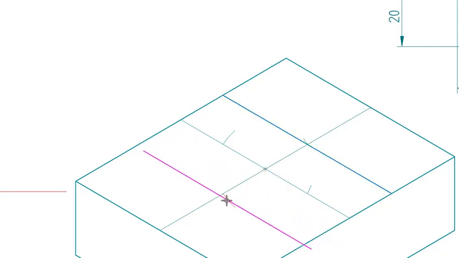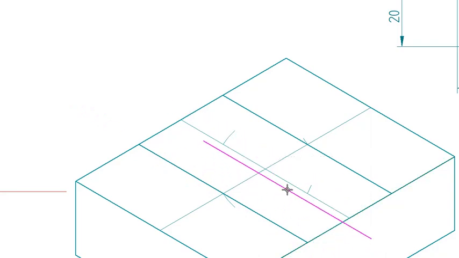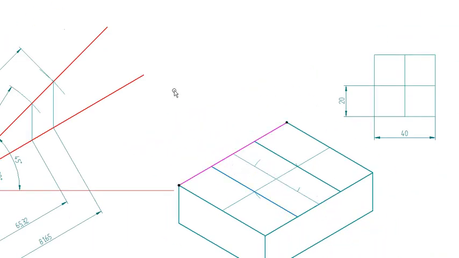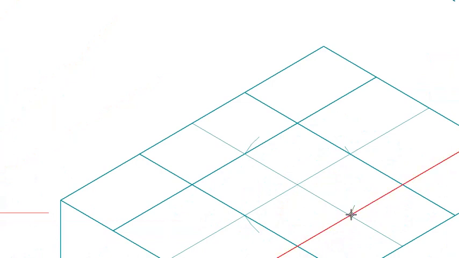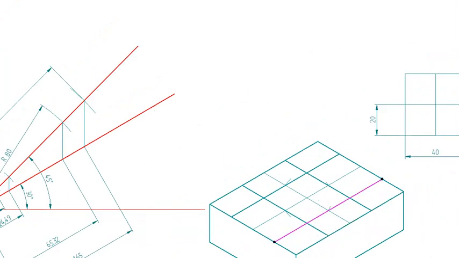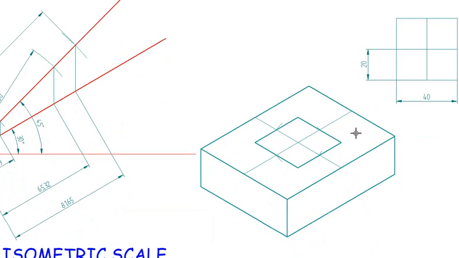Similarly here I'm going to draw a 30 degrees line. I'll take this line and again draw parallel lines. So these are construction lines. So this is done.